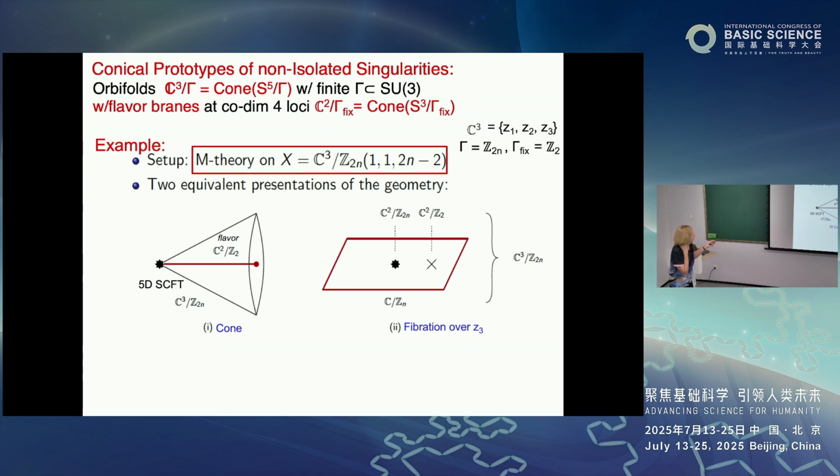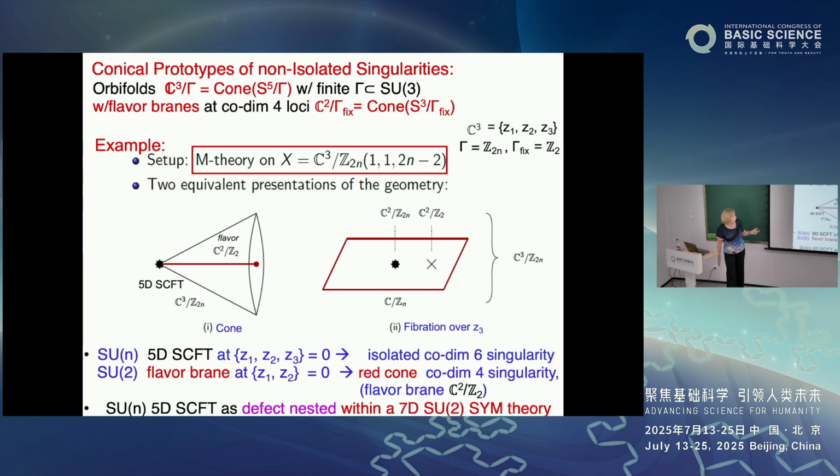And there are two ways of describing the geometry of this orbifold. One is the cone, our favorite one, singularity at the tip, and then flavor extended codimension 4 singularity, or viewing it as a particular fibration over the third coordinate. Okay. And the symmetries, especially the action of discrete finite parts of this group of the orbifold, play a crucial role in identifying subsequent SymTFT features.